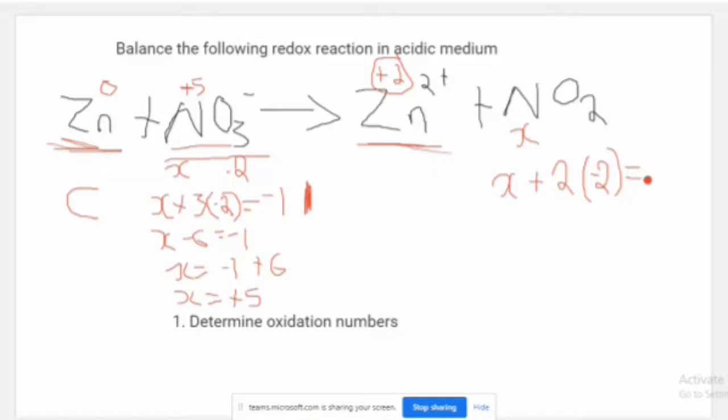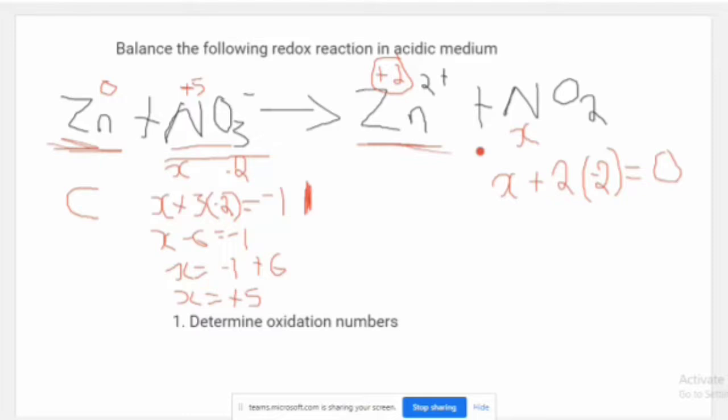Is it not -4? No, it will be 0. Why am I putting 0 here? Because of the rules for assigning oxidation numbers.